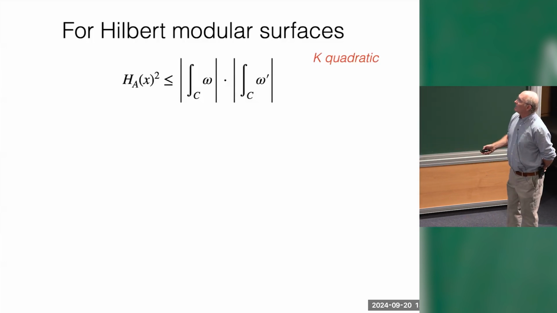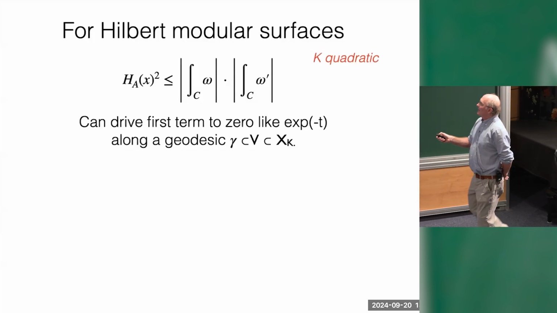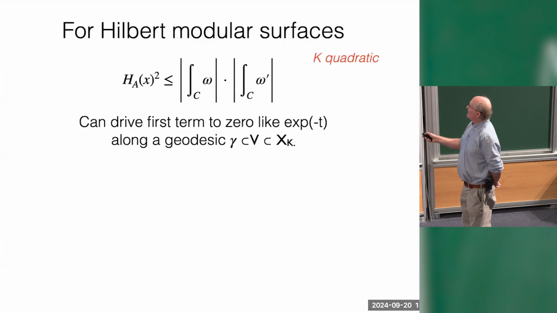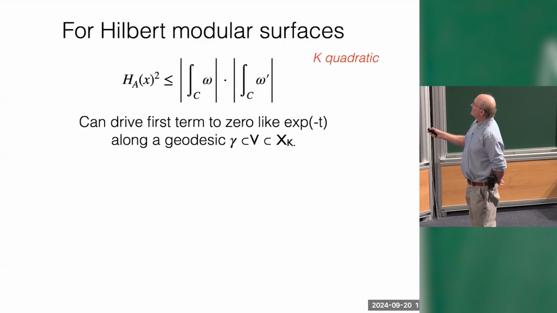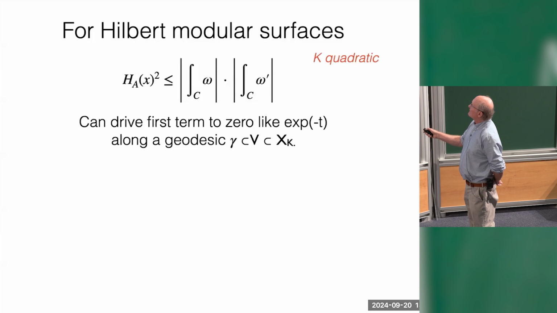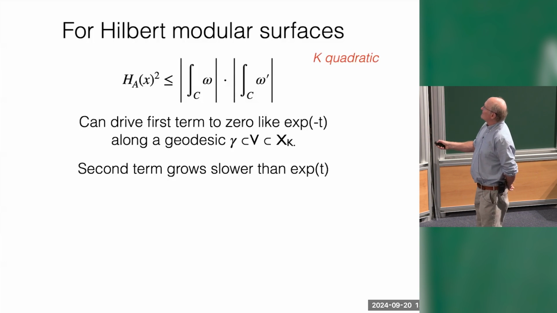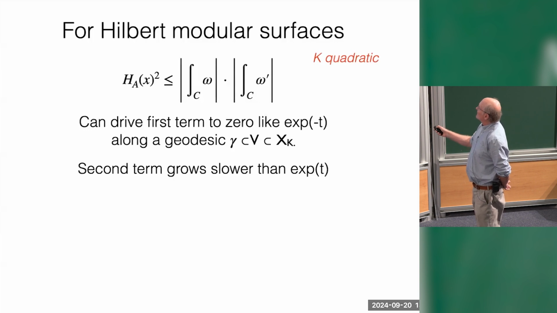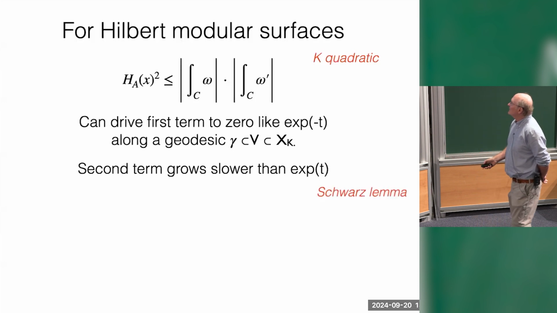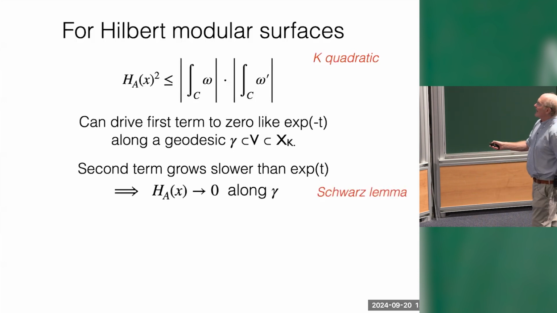It turns out that if you move along an appropriate geodesic on this curve V in X_K, you can force the first term to go to 0 exponentially fast. And then there's a Schwarz lemma argument that says the second term grows slower than the first term contracts. Therefore, this quantity goes to 0, and that forces the height to go to 0.